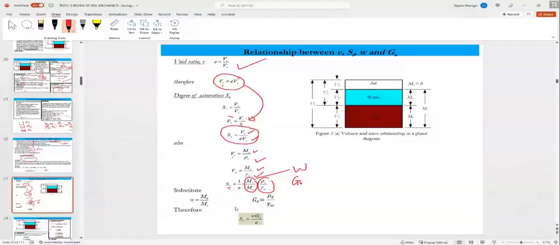Therefore, the degree of saturation of a soil times the void ratio is the water content times the specific gravity: S e = w Gs. That's the formula. Is it making sense, ladies and gentlemen?